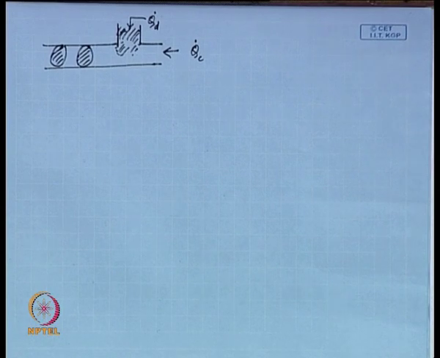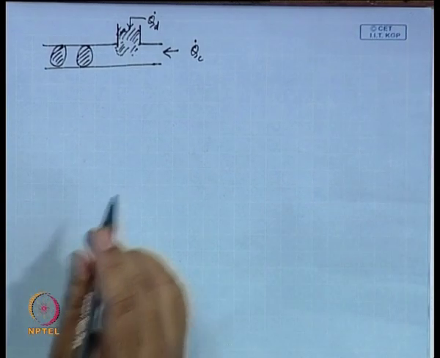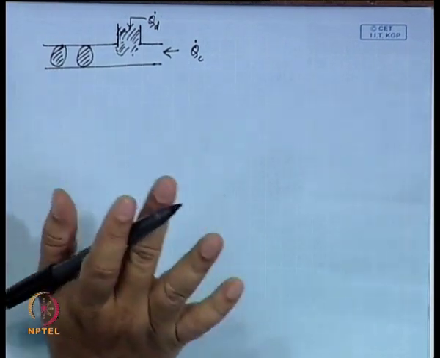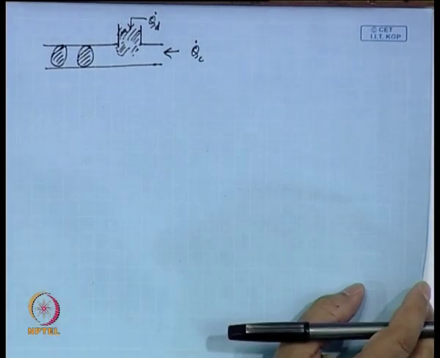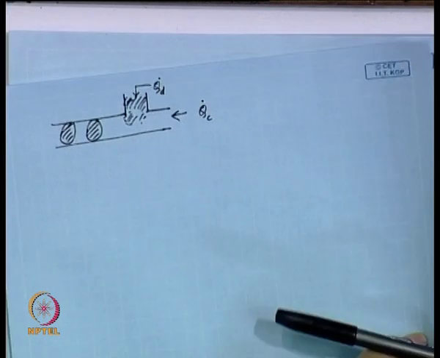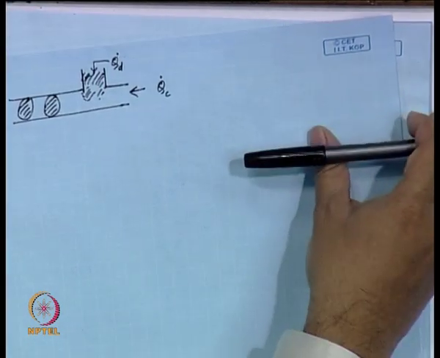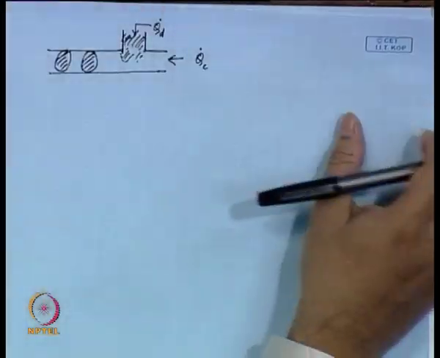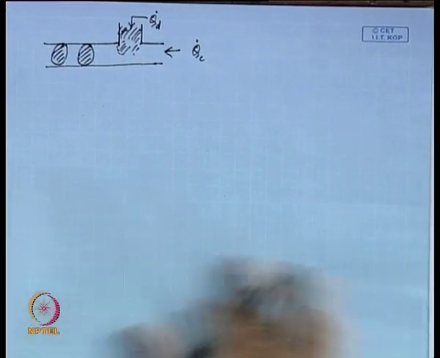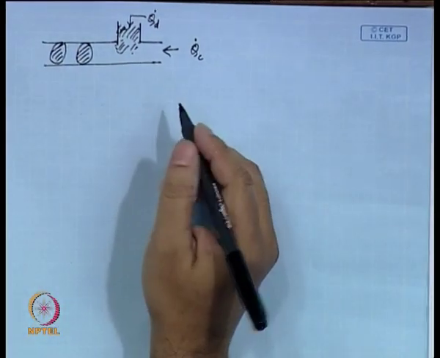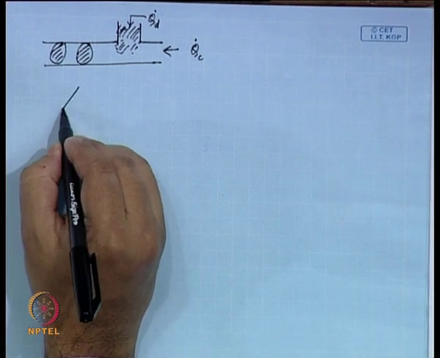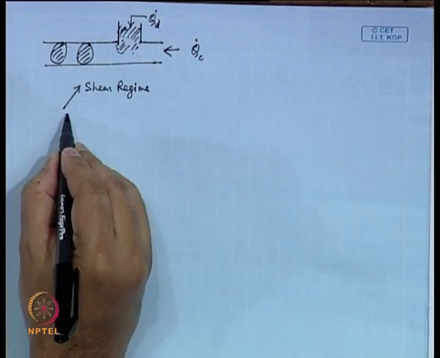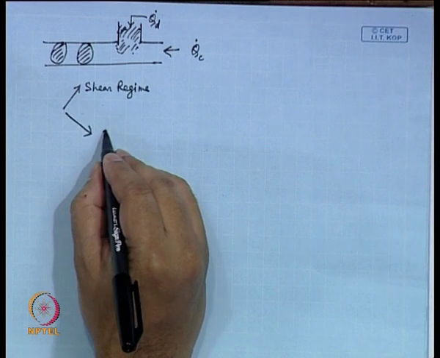For that, I must point out that there are two regimes possible when it comes to formation of droplets. One is called the shear regime, and the other is called squeezing.